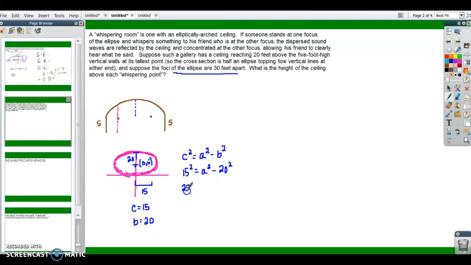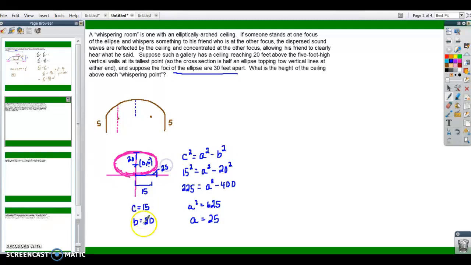And that gives me 225 is a squared minus 400. a squared is 625, and so a comes out to be 25. Okay, so remember a is the distance from the center to the end of the major axis, so this distance here out to here, that distance is 25.